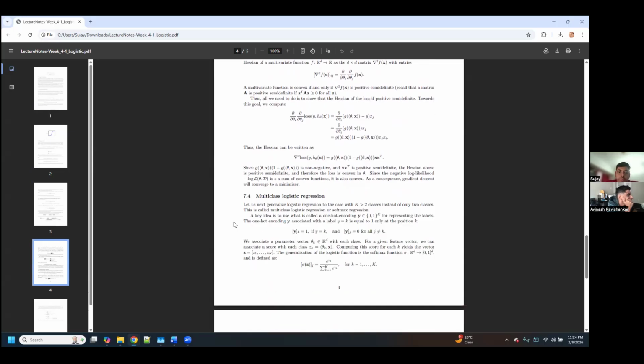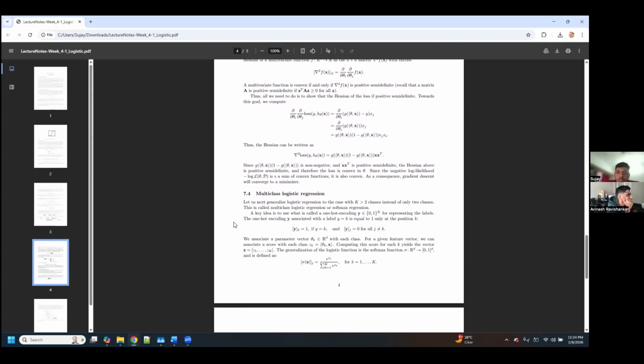There is some algebra to that, which I'm not going to go through. The algebra is basically that the second derivative, the Laplacian term del square, will be positive semi-definite.